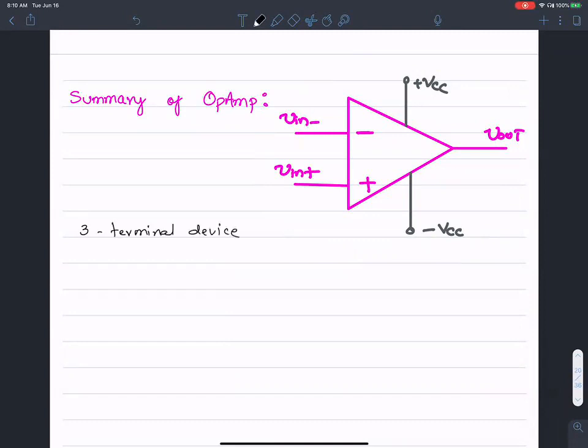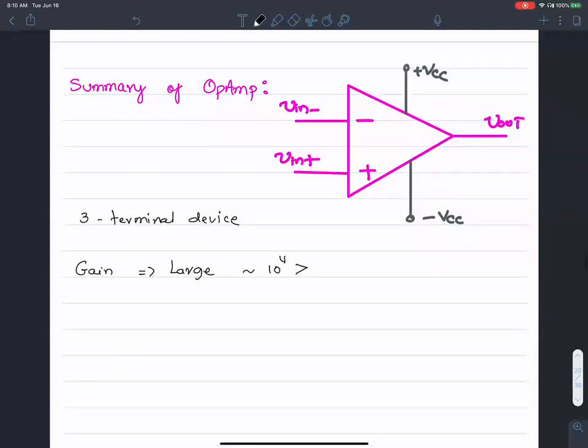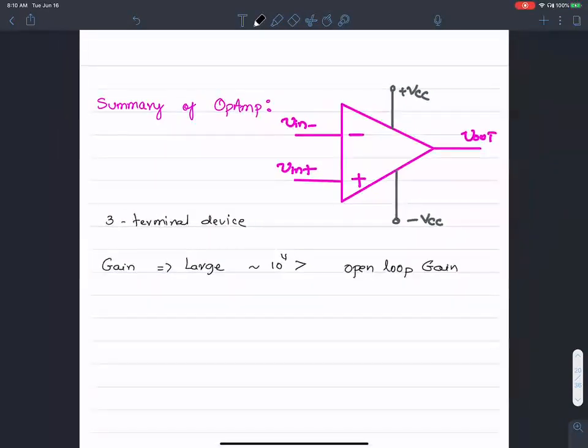I also mentioned that the gain from the input to the output is really, really large, extremely large, typically on the order of 10 to the 4 or higher. That's the open loop gain, the gain when the output is not tied back to the input.